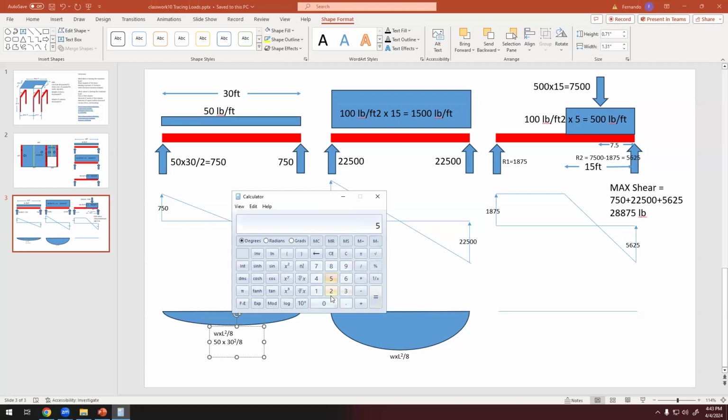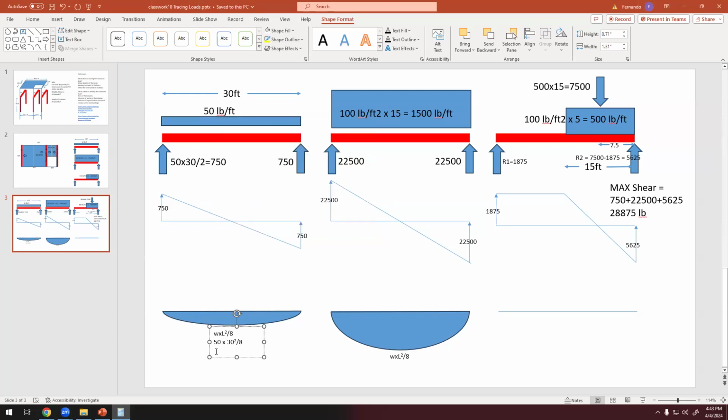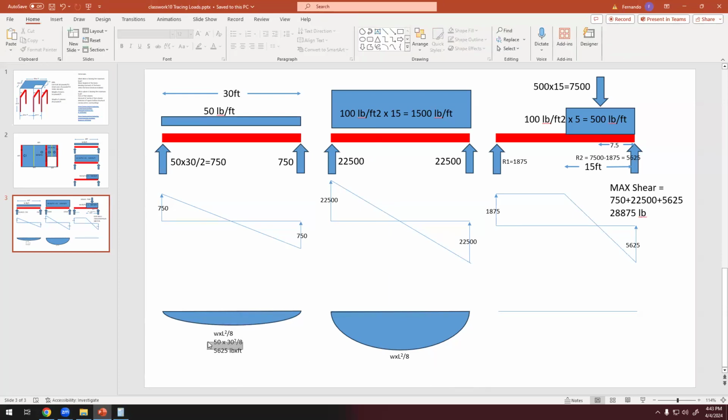This is 50, the load, times 30 times 30, that is L square, divided by 8. Here units are important. It's 5,625 pounds. Good. Okay, so those are the units of the bending moment.